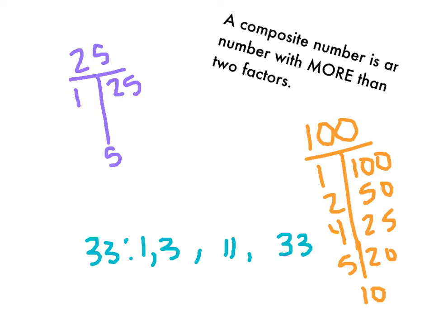The last thing that we need to talk about are special numbers. Special numbers would be, and I guess the main one we want to talk about today is the number 1.